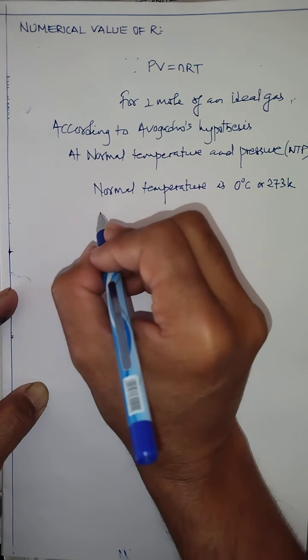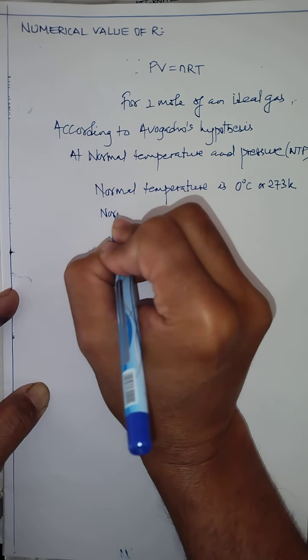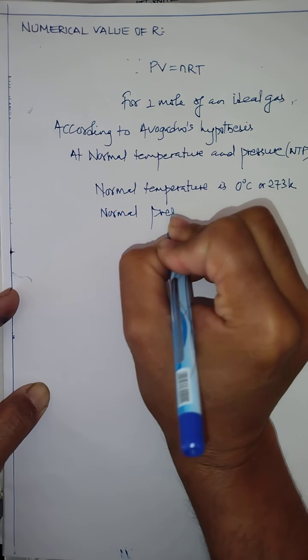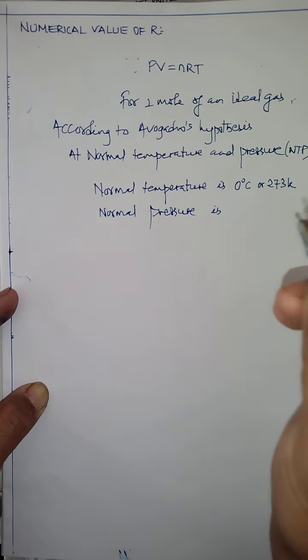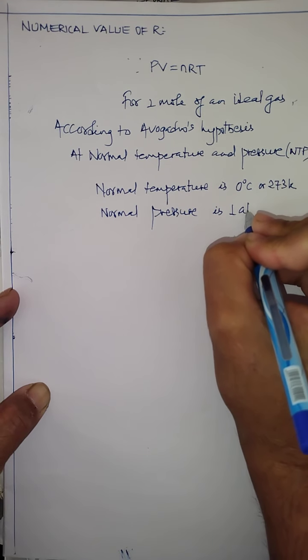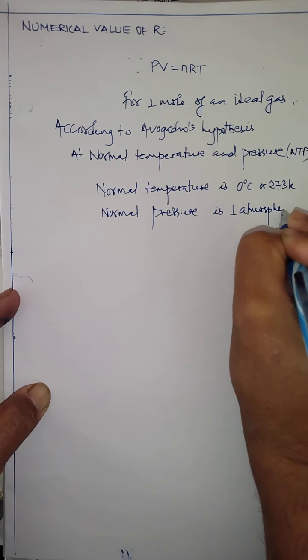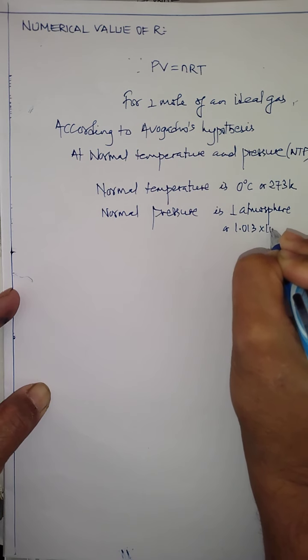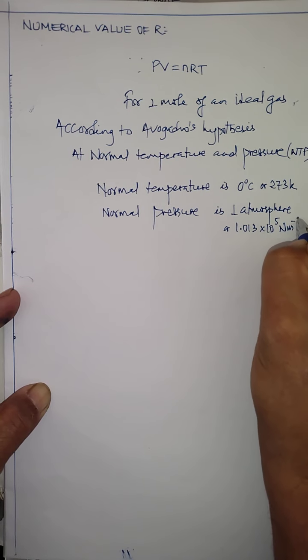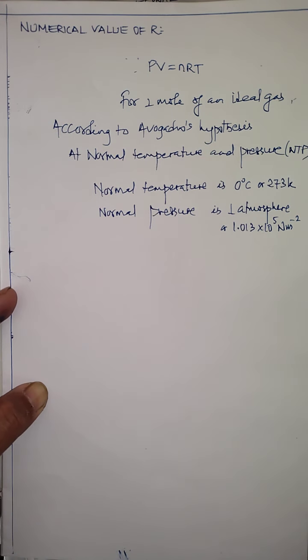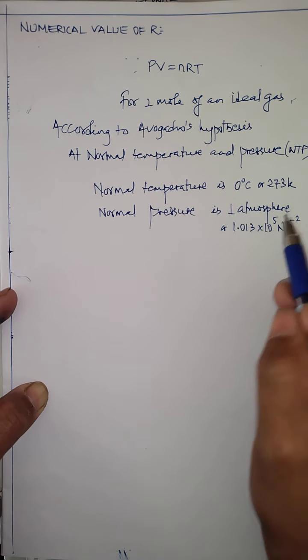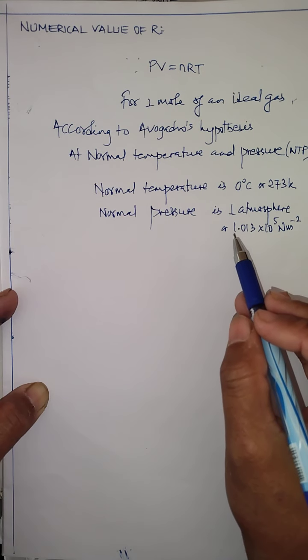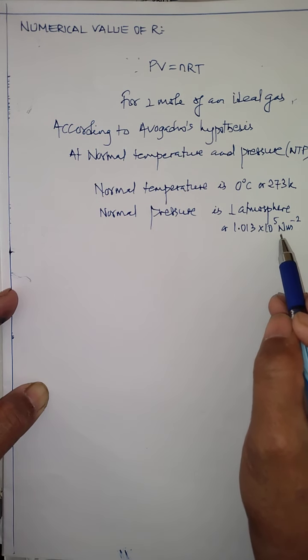And your normal pressure is almost 1 atmosphere. Now 1 atmosphere is also equivalent to 1.013 into 10 to the power 5 Newton per meter square. Children, you have even learned this part in class 9 in the chapter on pressure exerted by fluids.